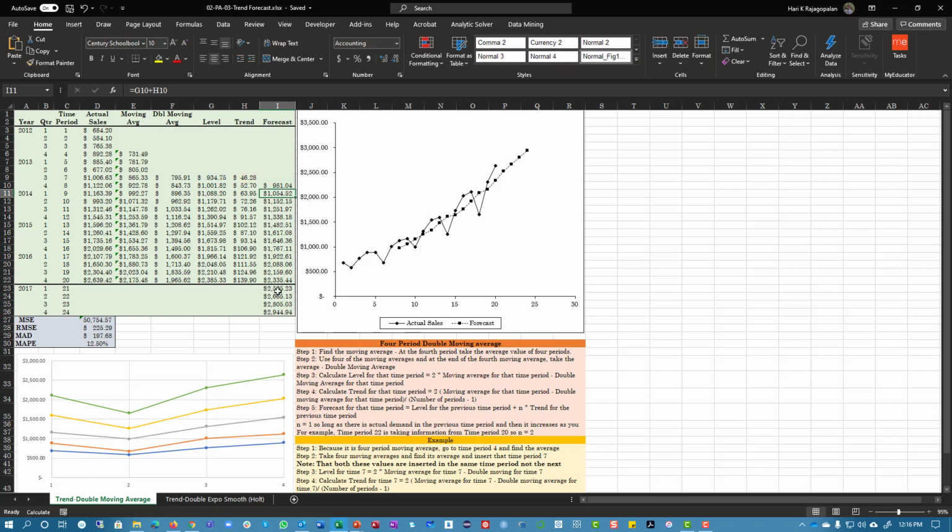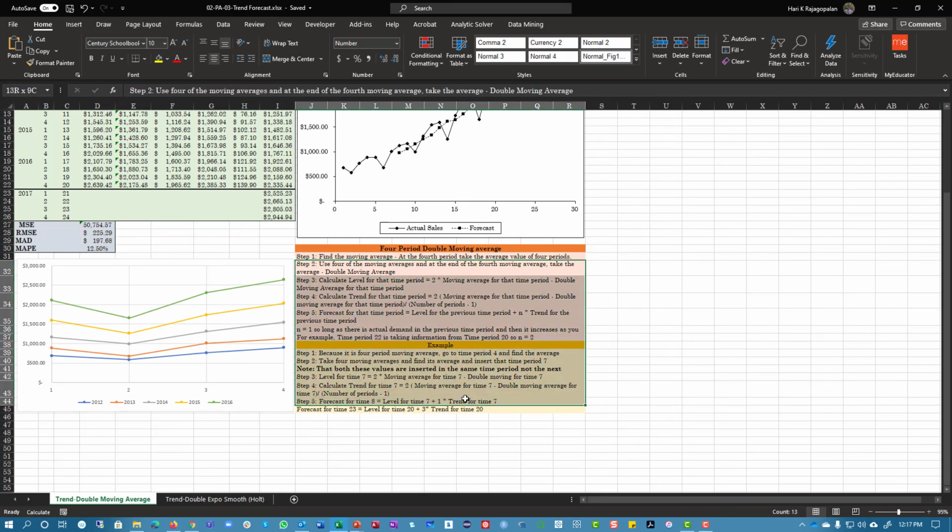And then when you come here to the forecast, remember this trend has to be multiplied by the number of time periods. So in the first time period after this, you multiply it by 1. Next time you're going to multiply it by 2 because you're 2 trends away, 2 time periods away. Here you're going to do 3, right? I'm not going to get into how to calculate MSE or RMSE because you've already done it.